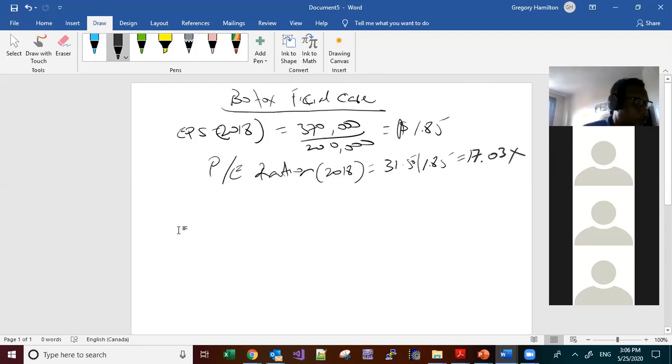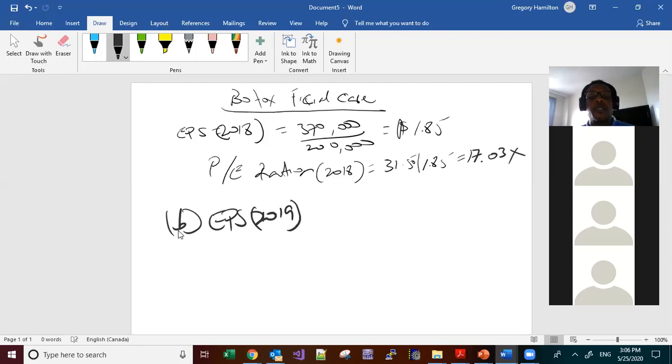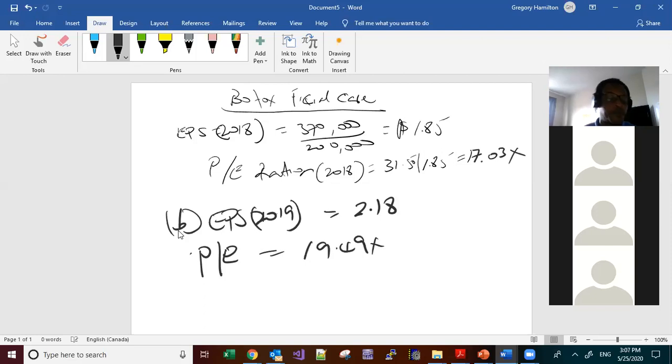And for B, the earnings per share for 2019, I'm just going to write the answer again for you guys, would be $2.18, and they have a PE of 19.49 times.